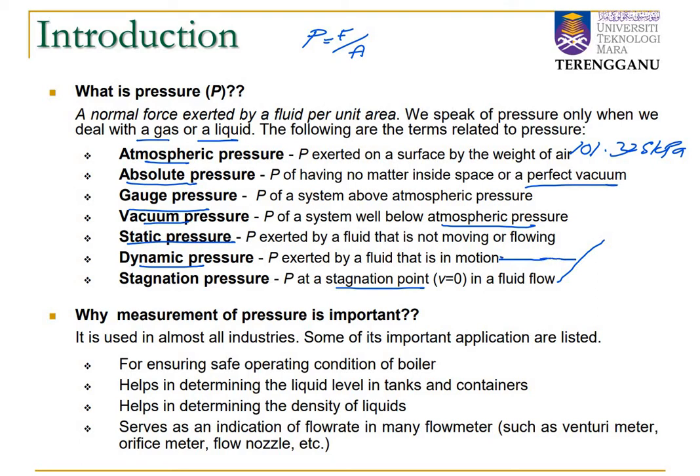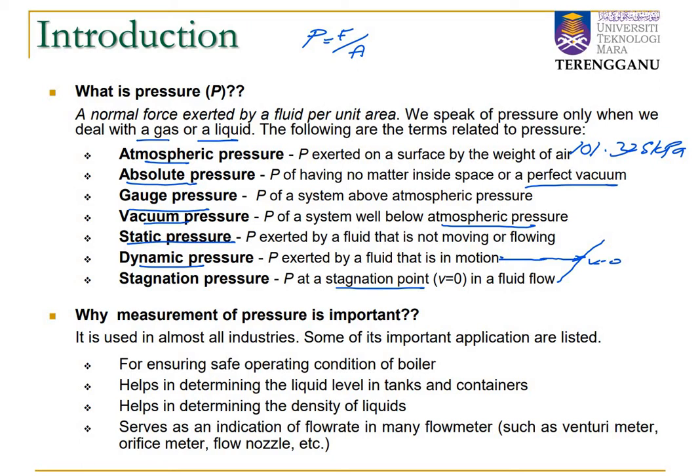But when it approaches the surface of the wall of the plane or any surface, the velocity at this point is equal to 0, right? So at this point we call it a stagnation point. So stagnation pressure is the pressure at the stagnation point.